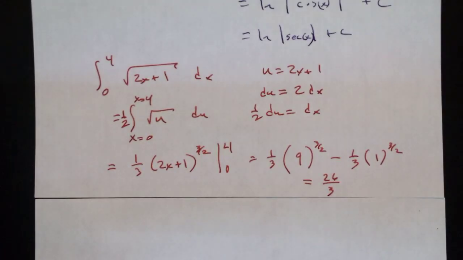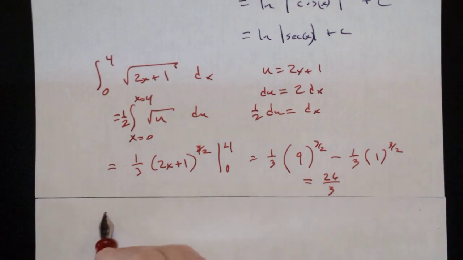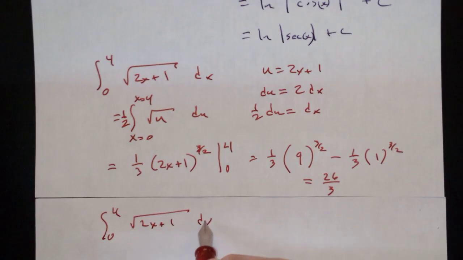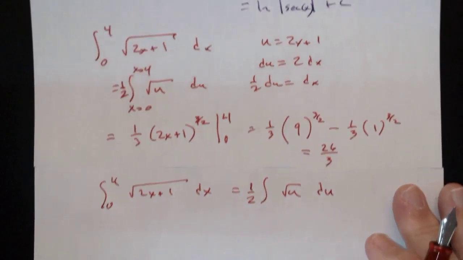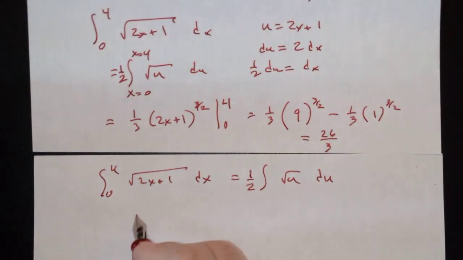That's option 1. But option 2 is to do what I was describing in the picture, Chloe, and say if I'm changing from x to u, I can change the x-axis. And I can say, oh, there's my substitution right there.